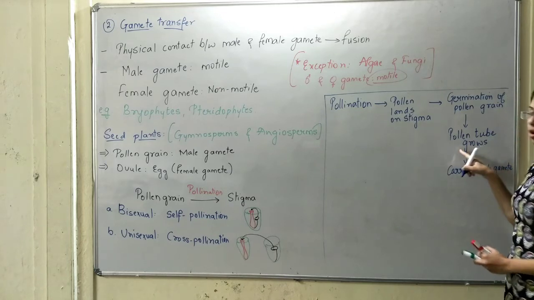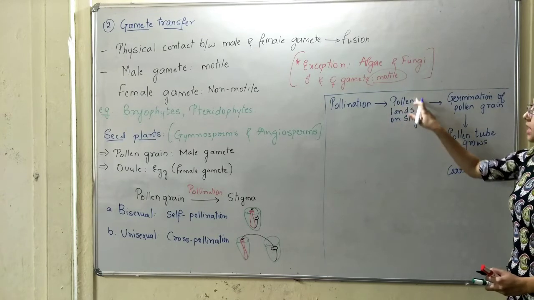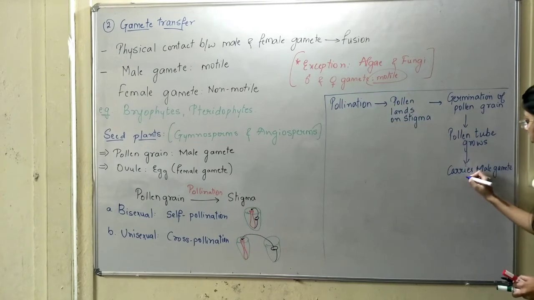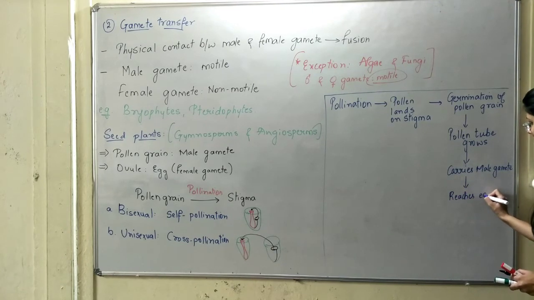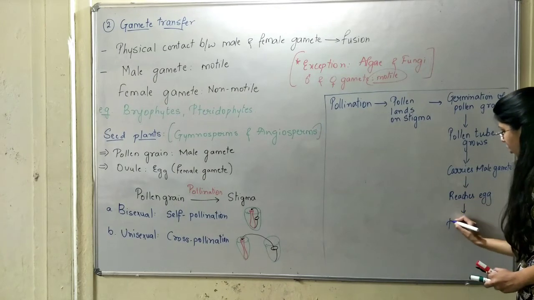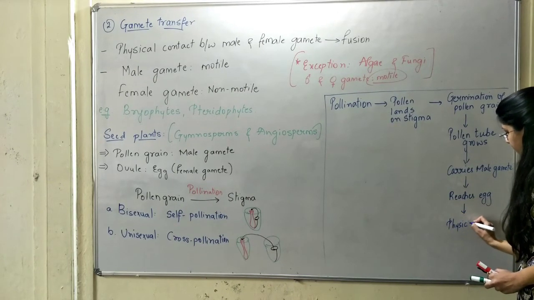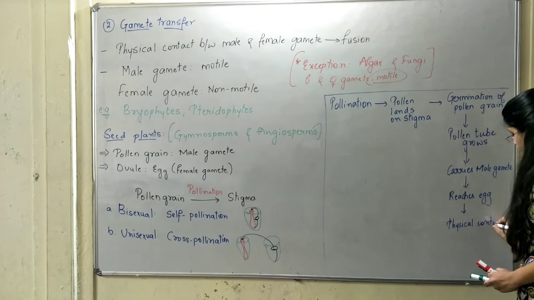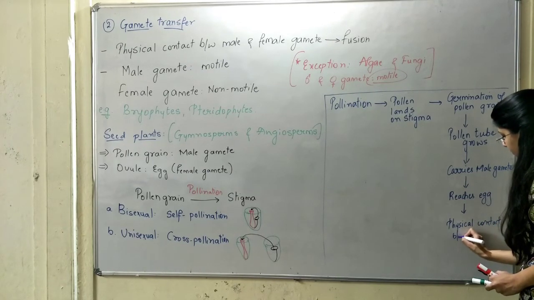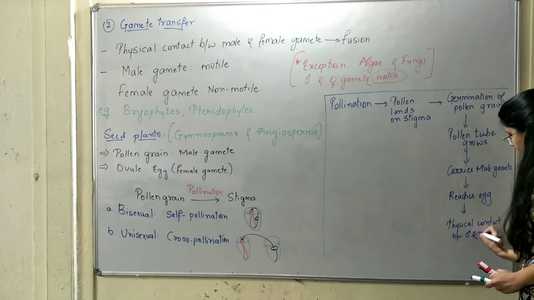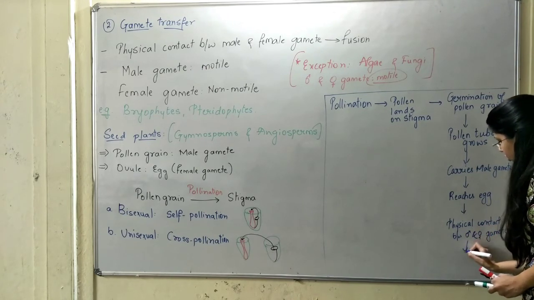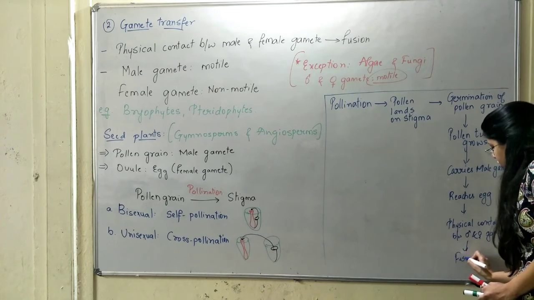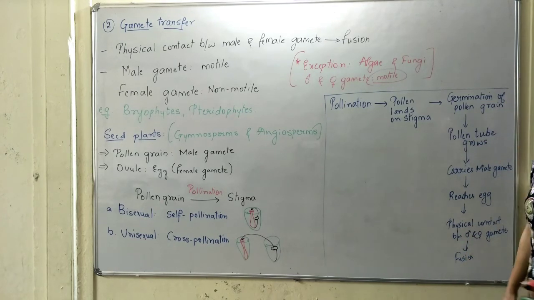The function of this pollen tube is to carry the male gamete that was present in the pollen up to the egg, or the female gamete. And when there is physical contact between the two, male and female gamete, it results in the process of fusion or fertilization.